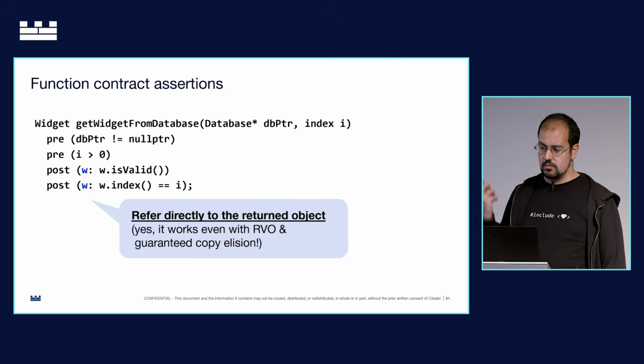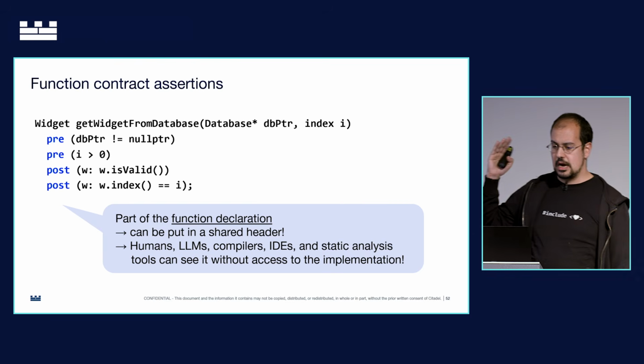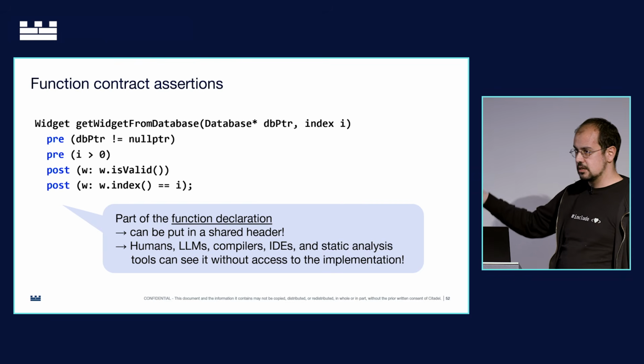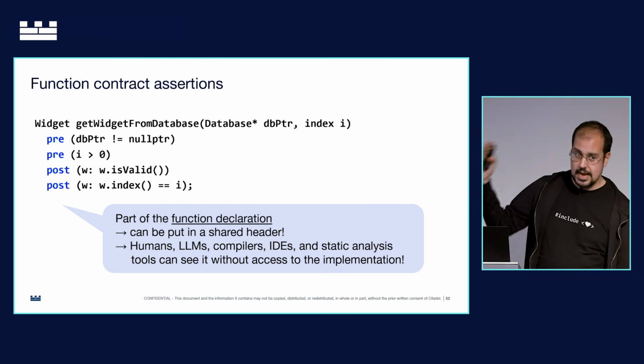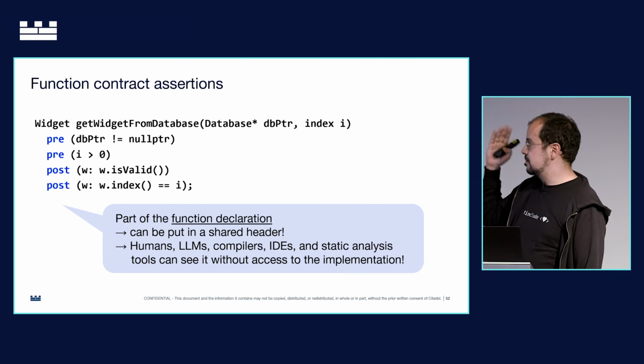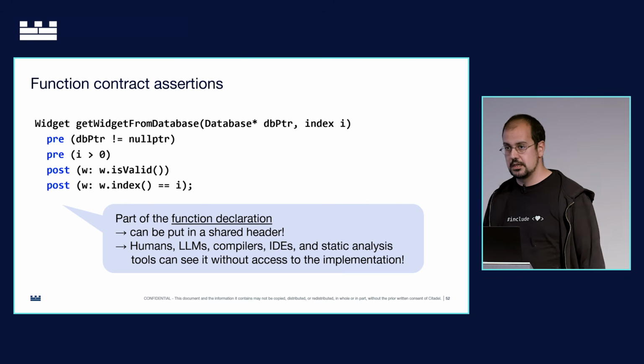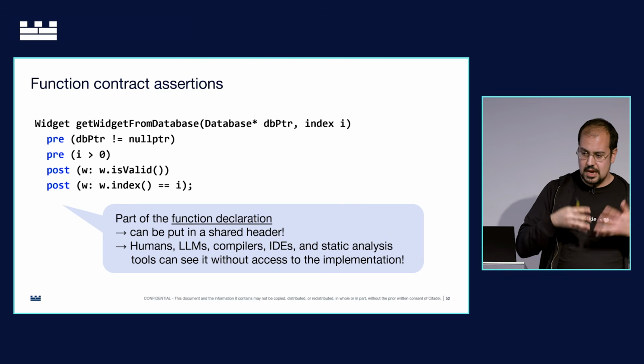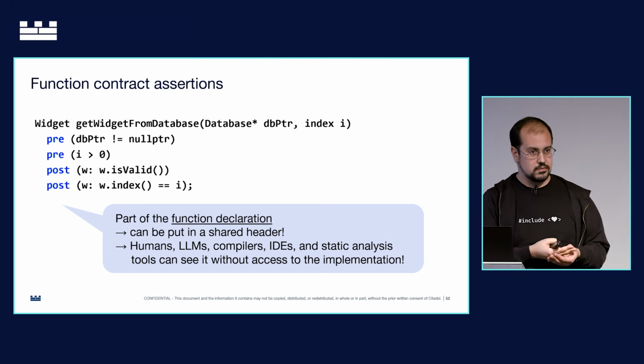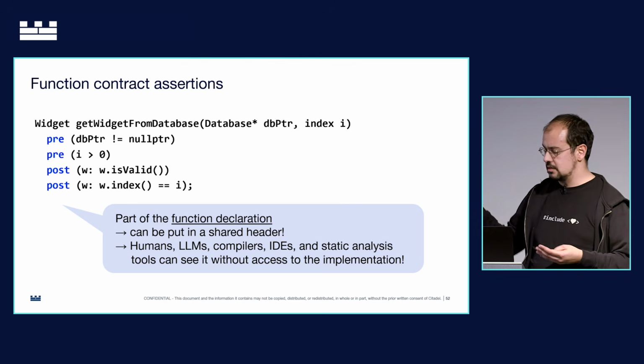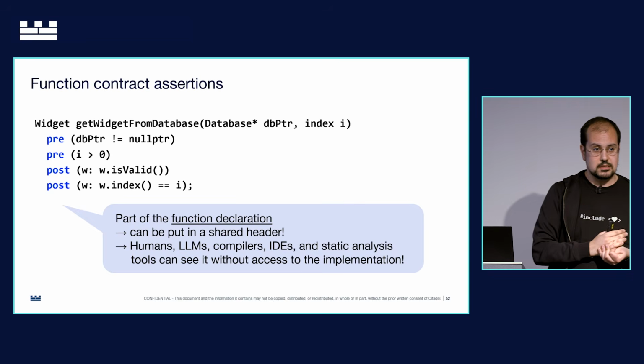But the really powerful thing is that these things are part of the function declaration, which means you can put them in a header, and they're not in the body of the function. You don't need the implementation. You put them in a header, and everybody sees this. Human developers see these assertions. LLMs see these assertions.